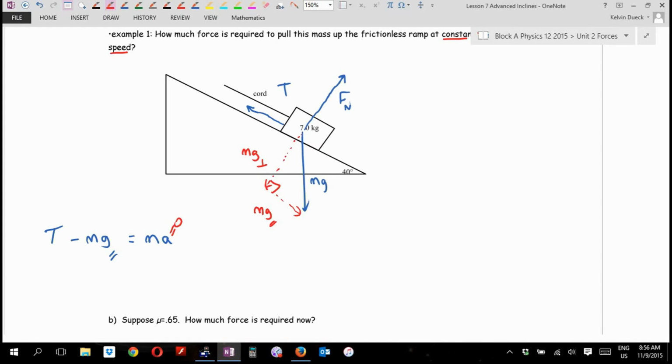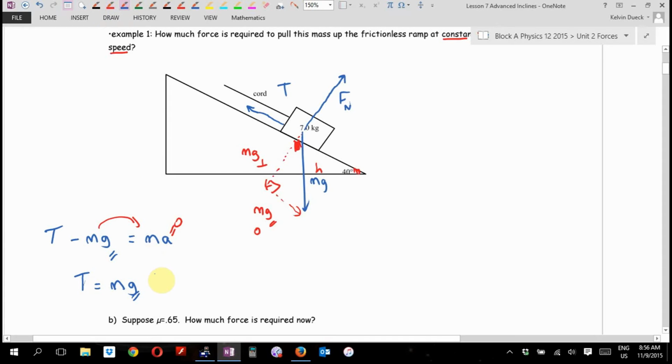So I'm going to just add that to the other side, and because this question wanted me to find tension, tension is going to be mg parallel, which is which trig function? Sine. Hopefully, even if you freeze, we said this angle and this angle are the same, opposite over hypotenuse, there's your sine.